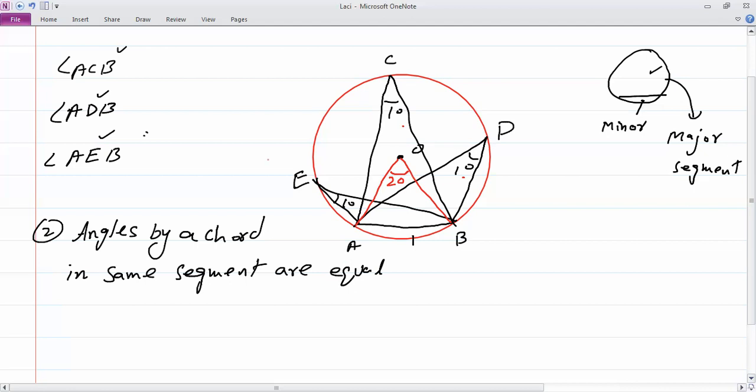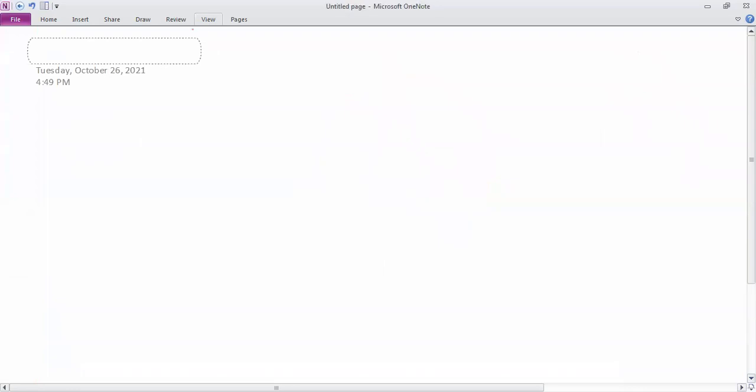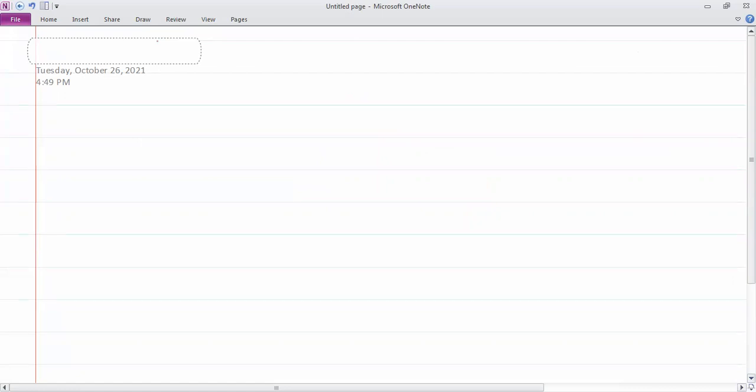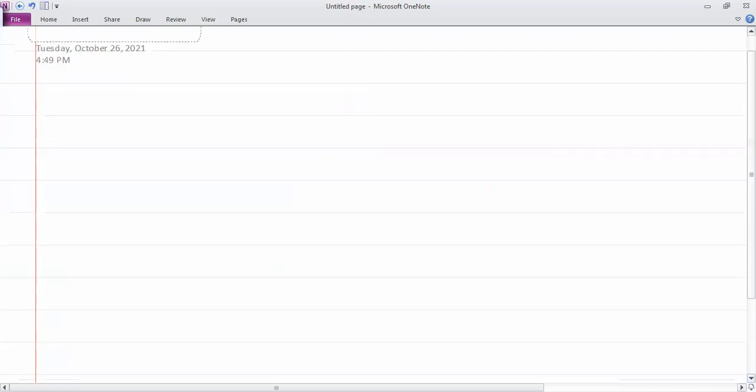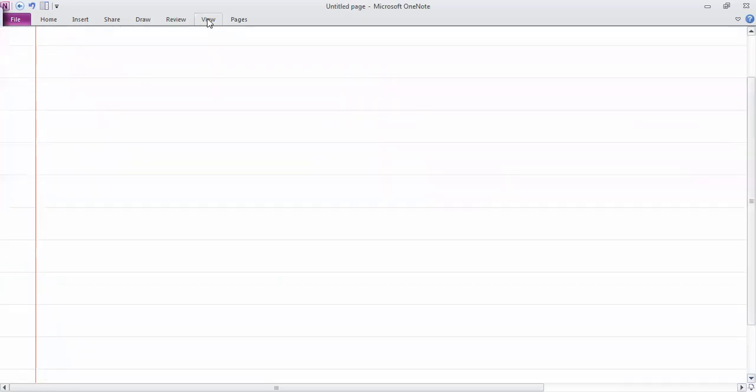Now, coming to rule number 3. If you remember the vocabulary words that we are using, then it will not be problematic at all. But before that, let's understand another vocabulary word.